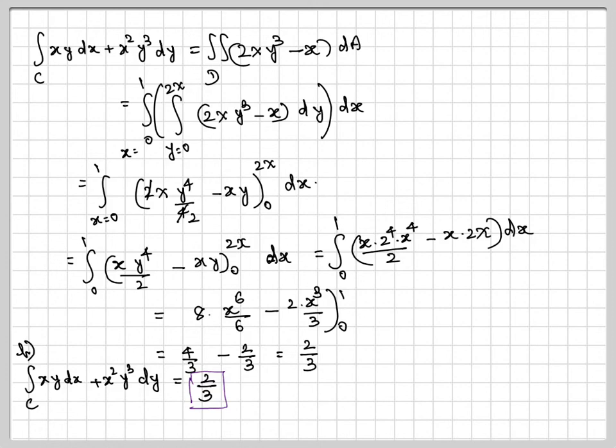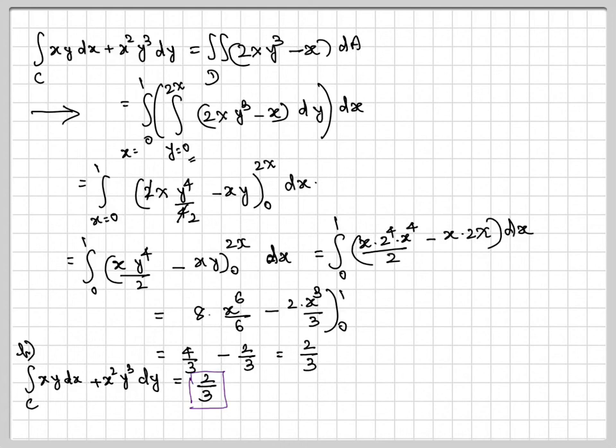We get the double integral over D of 2xy cubed minus x dA. Then it is the integral from 0 to 1, integral from 0 through 2x of 2xy cubed minus x dy dx. Notice here y is ranging from 0 through 2x. You can see this from the triangle that we drew.